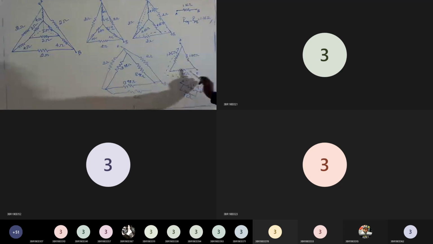Since we are interested in finding resistance across two terminals, the third terminal is assumed open. When it is open, no branch is connected to this junction, hence these two are in series, which come in parallel with the resistor across the branch A. Hence we got the solution, R equivalent as 1.16 ohms.